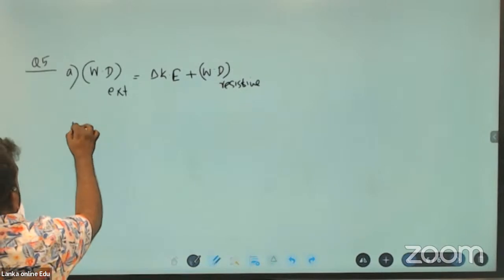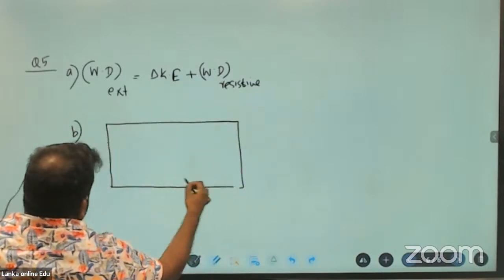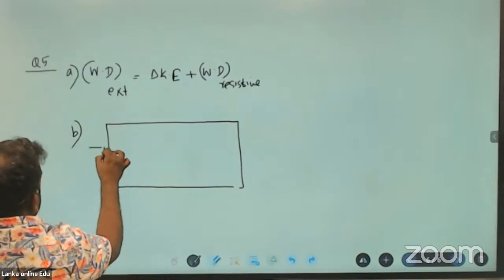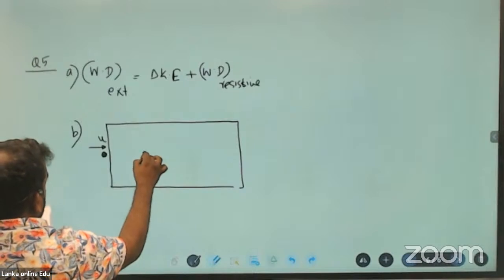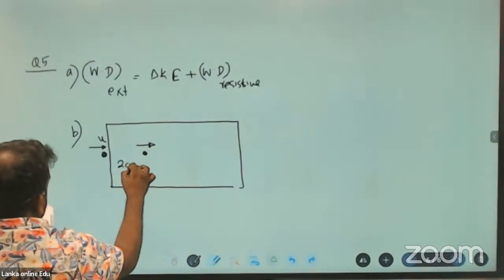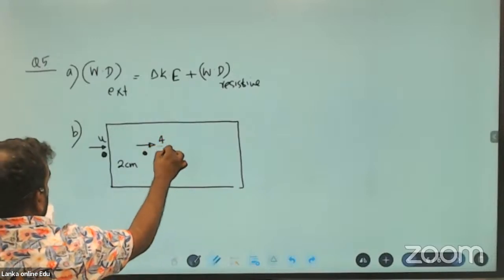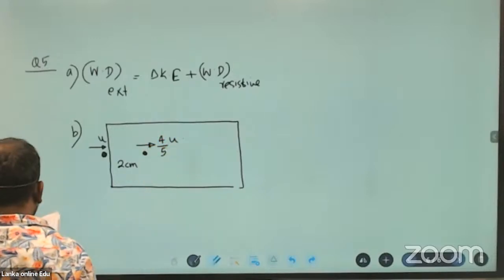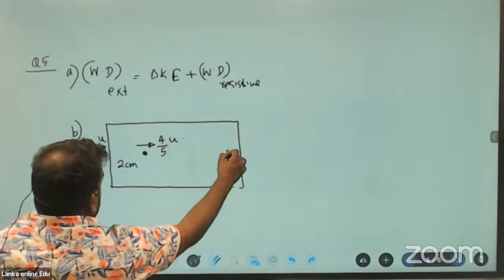Just before the bullet enters, let's say velocity is u. After traveling 2 centimeters, 1/5 is lost, so 4/5 u is there.